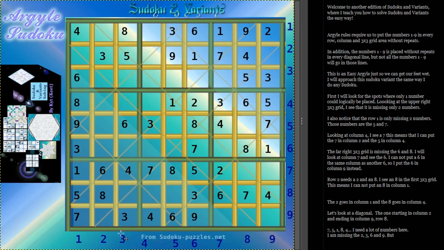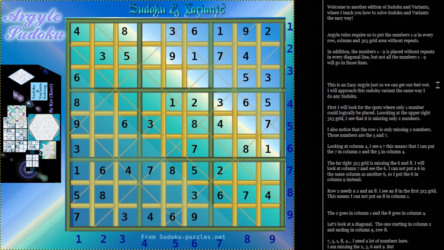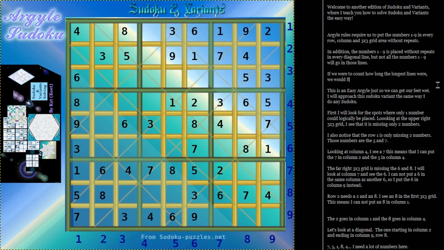But not all the numbers 1 through 9 will go in those lines. If we were to count how long the longest lines were, we would find that only 8 numbers fit.